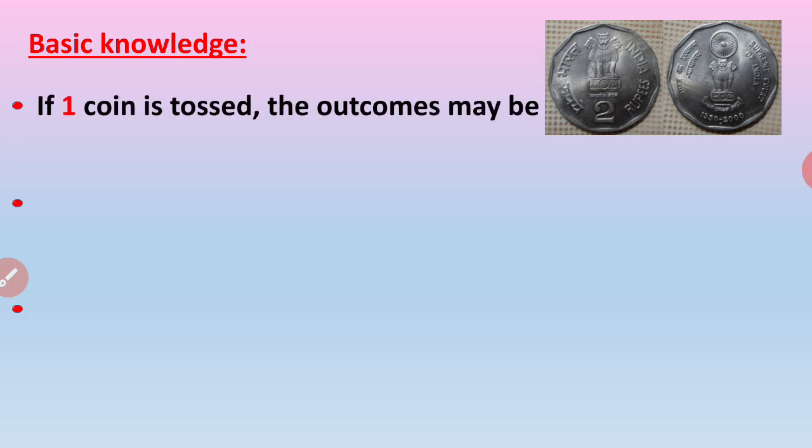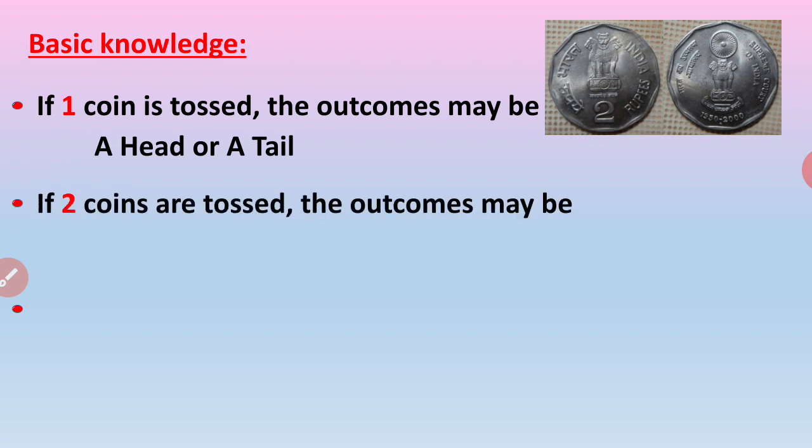Certain basic knowledge which we'll need for solving the examples. If one coin is tossed, the outcomes may be a head or a tail. If two coins are tossed, the outcomes may be HH, that is both heads, TT, that is both tails, HT, that means the first coin is showing heads and the other one is showing tail, TH, that is the first coin is showing tail, whereas the second one is showing head.